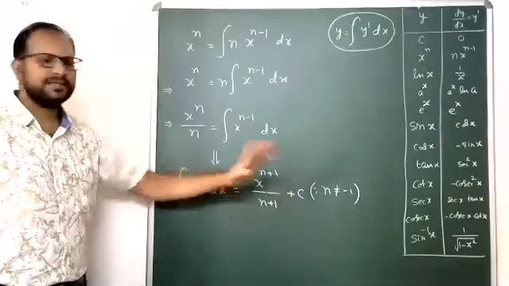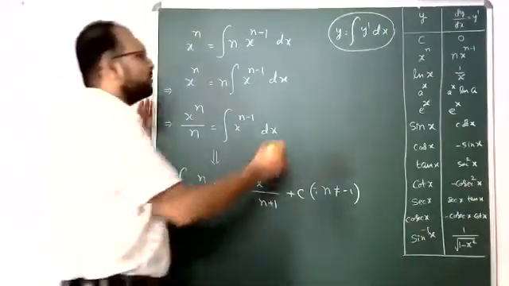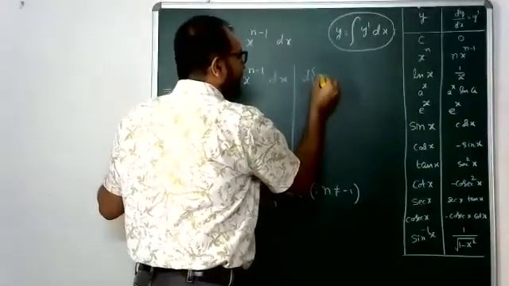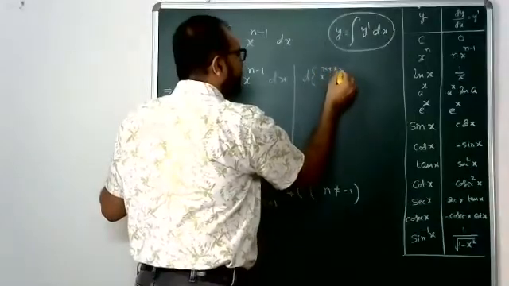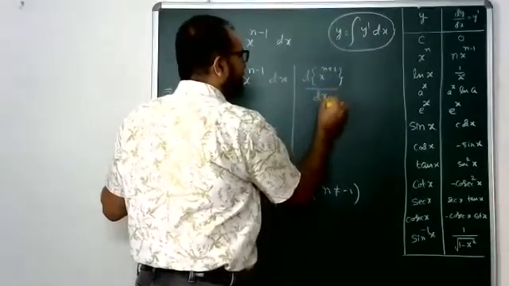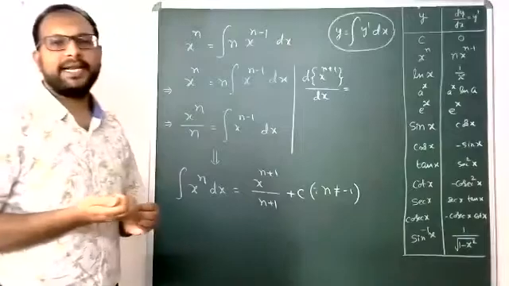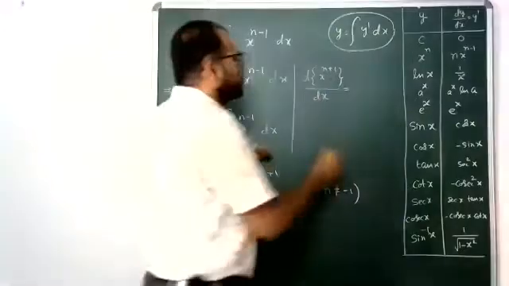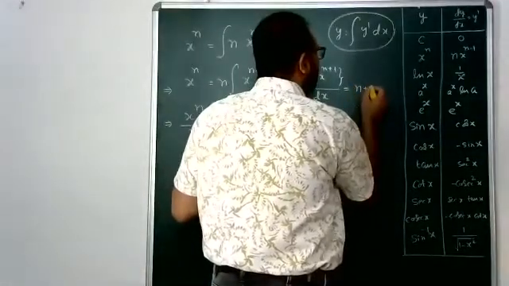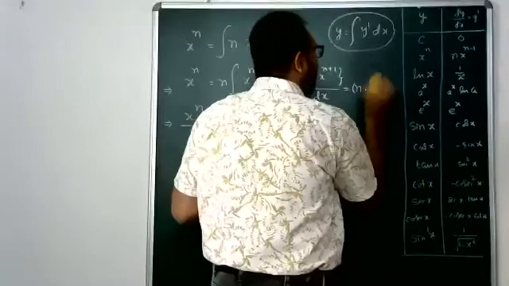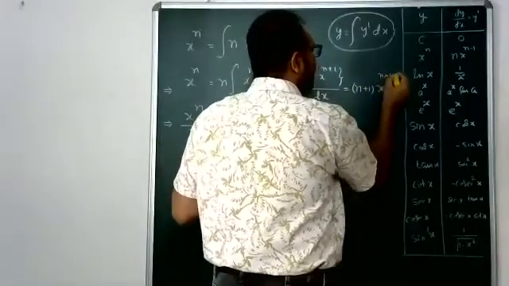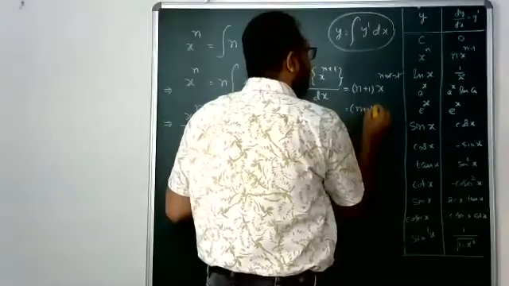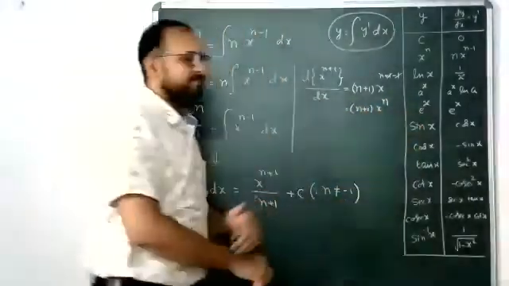plus 1 plus a constant. See students, one more time, what is the derivative of x to the power of n plus 1 with respect to x? This was yesterday's topic. The derivative of x to the power of n plus 1 with respect to x is n plus 1 into x to the power of n plus 1 minus 1, which means these two cancel, so n plus 1 into x to the power of n.